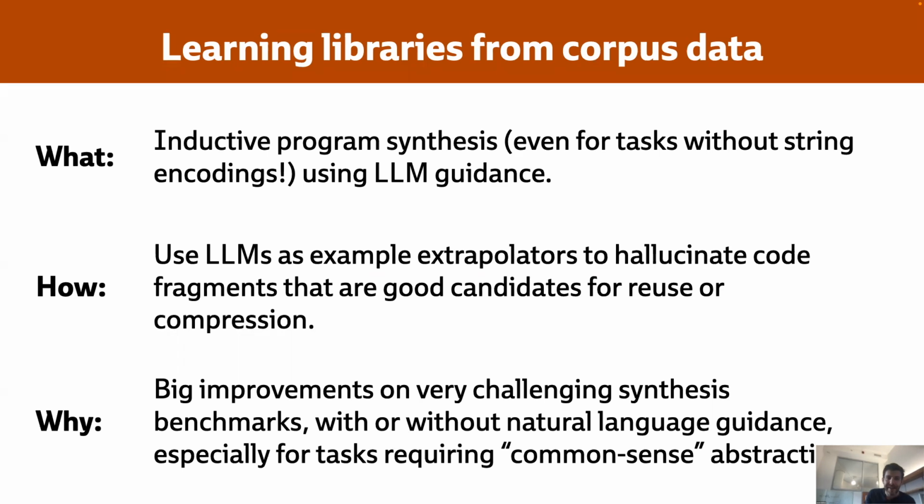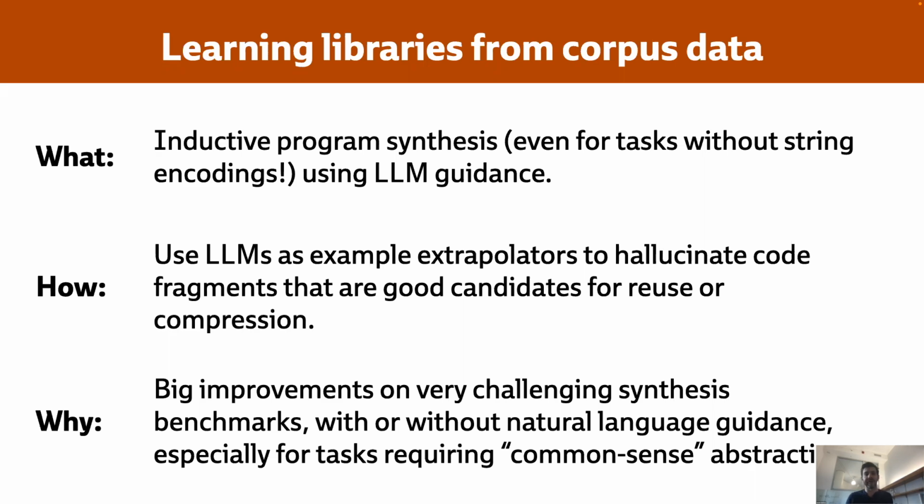Good. So to wrap up this last section of the talk, we looked at how to solve these same inductive program synthesis problems, even ones that don't involve strings as inputs or outputs, using a large language model as guidance. Specifically, these language models hallucinate code that seems related to a set of solved problems.